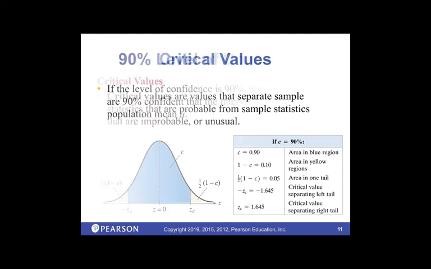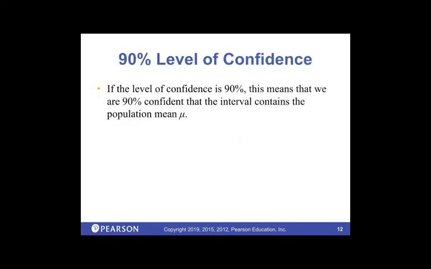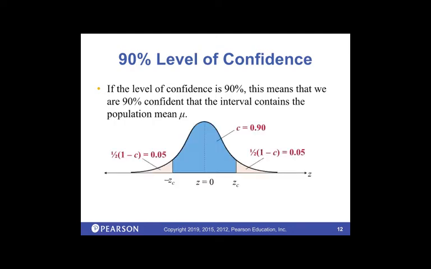If the level of confidence is 90%, this means that we are 90% confident that the interval contains the population average. So there's a 90% confidence interval with our improbable events on the left and right.